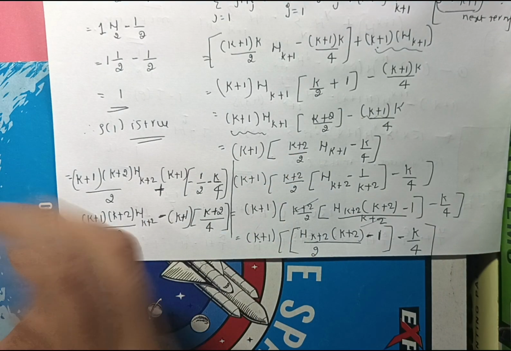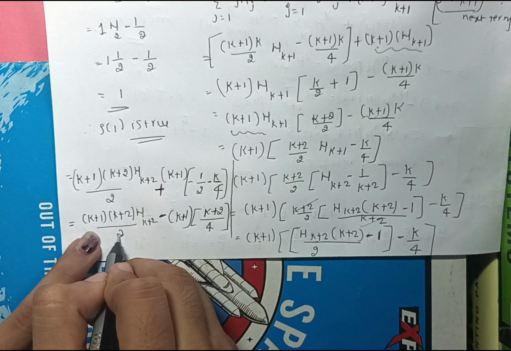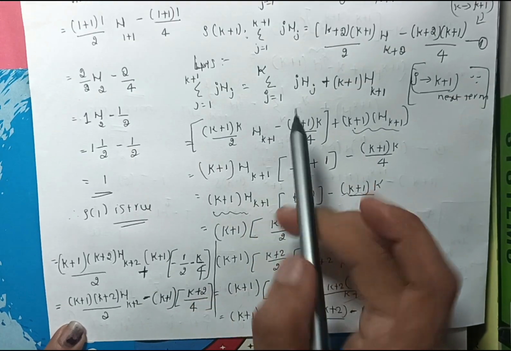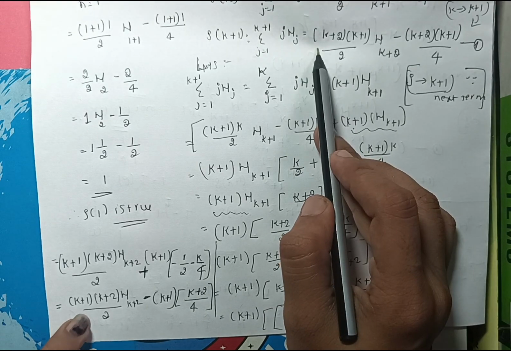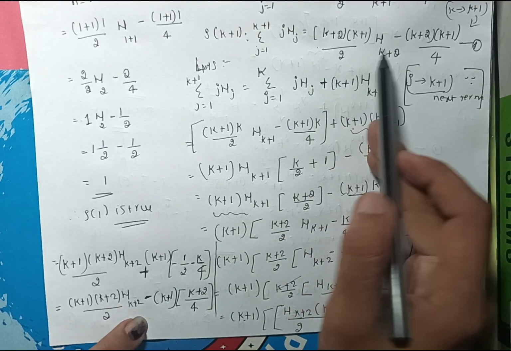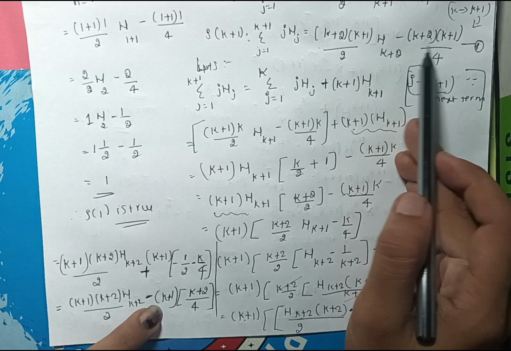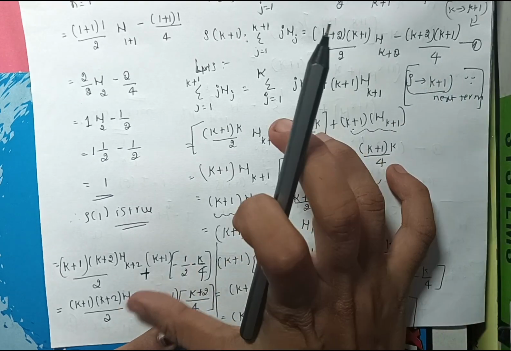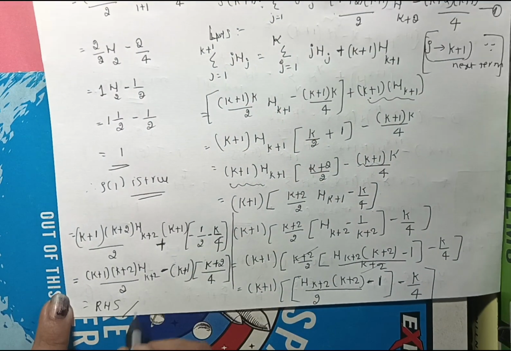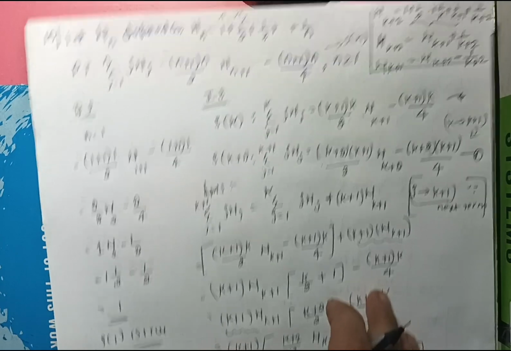So we solved this equation: k plus 1, k plus 2, k plus 1, h of k plus 2 by 2, h of k plus 2 minus k plus 1, k plus 2 by 4. That is the right side of the equation. Hence we can say s of k plus 1 is also true.